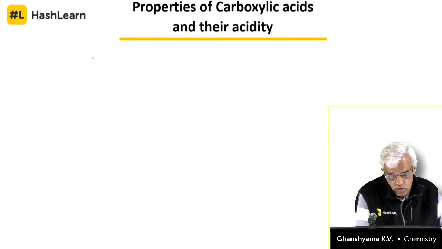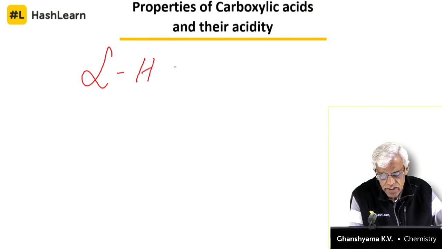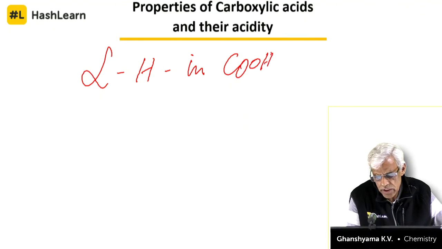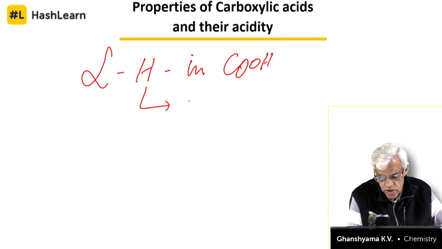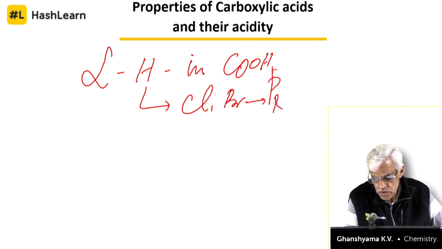Now, if you have an alpha hydrogen atom in a carboxylic acid, that alpha hydrogen atom can be replaced by chlorine, bromine, etc. in presence of red phosphorus.